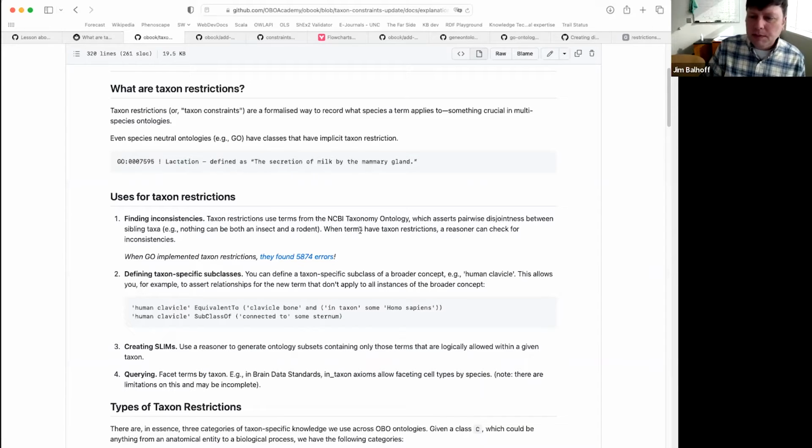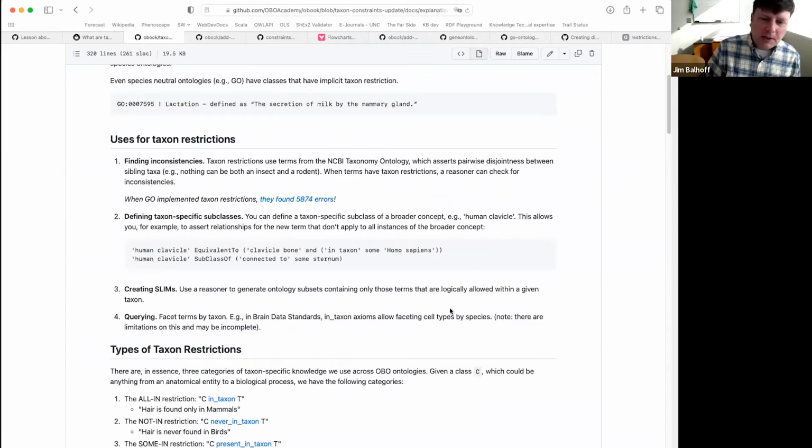This relies on one part of the taxonomy ontology, that all the sibling taxa are stated to be disjoint, so nothing can be insect and rodent at the same time. And when GO first implemented taxon restrictions, it uncovered almost 6,000 errors in the ontology, according to this publication. So that's linked there.